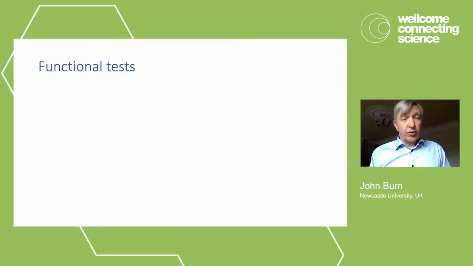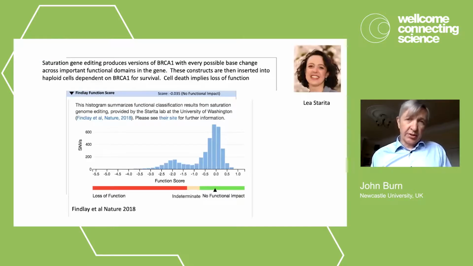But understanding which variants actually are pathogenic does require quite a lot of effort and pooling of knowledge, both clinical and functional tests. And the functional tests are now starting to make a big impact, especially in the cancer genes, where I have my greatest interest. So this is a picture of Lea Starita, who works with Jay Shendure, and Greg Findlay did his PhD on this very nice work, which has been incorporated into the BRCA Exchange.